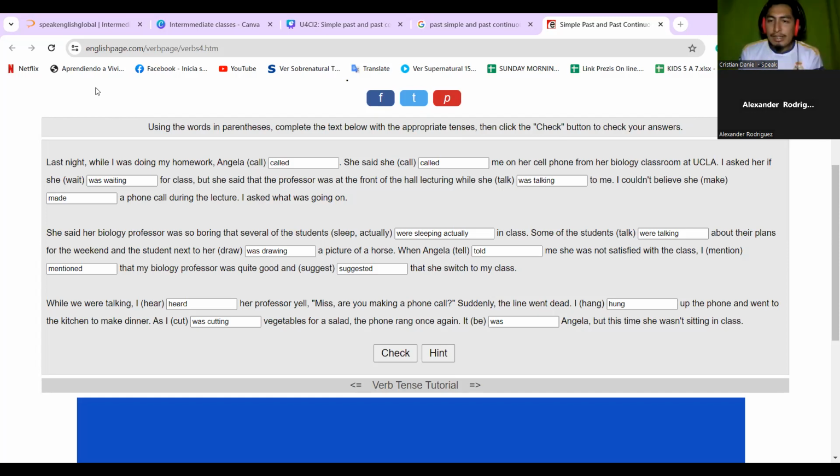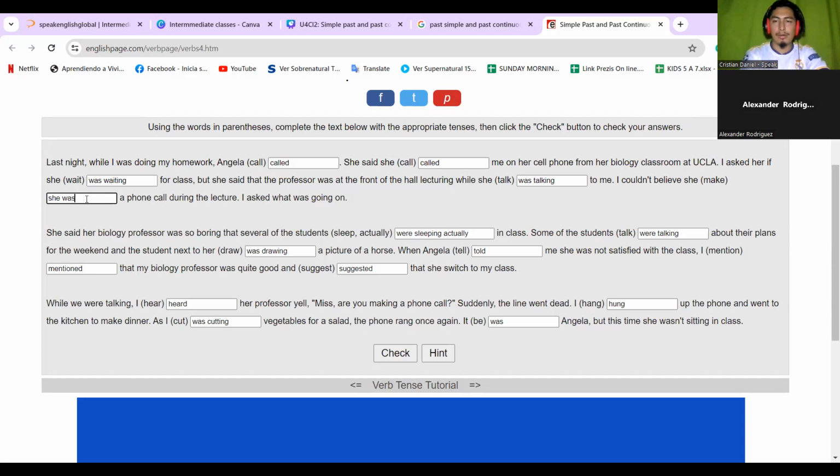Okay, Alexander, did you check the sentences? Yes, I have a doubt with the second line. I couldn't believe she made a phone call during the lecture, because we are using "during," and I guess we need to use past continuous.